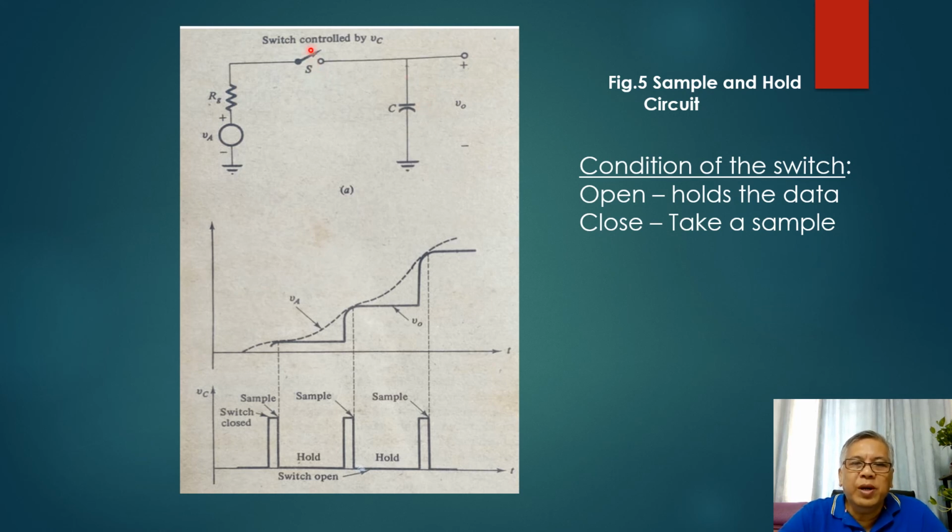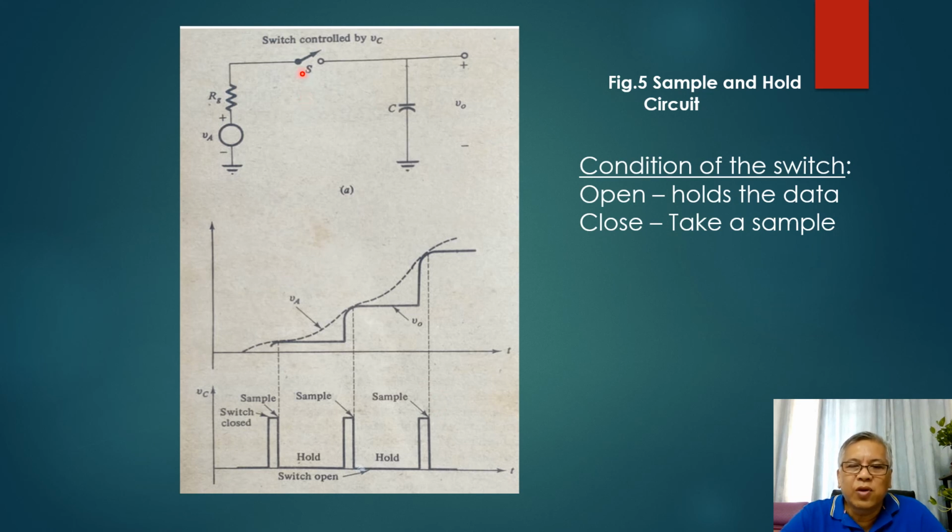And when you open the switch again, the signal will be held for a certain period of time, no? And as we know, the capacitor here will discharge, and the discharge value of your capacitor will be going towards the input area of your analog to digital converter.